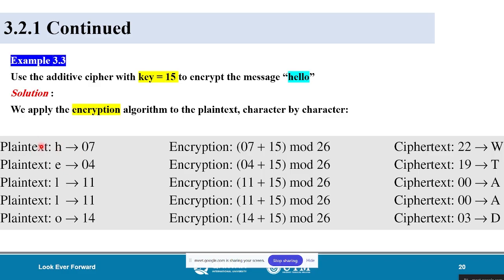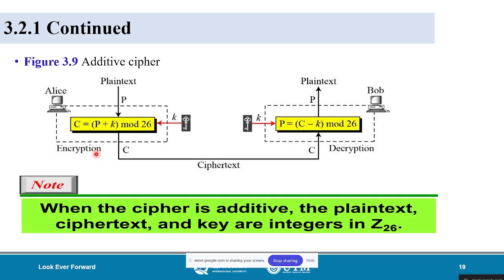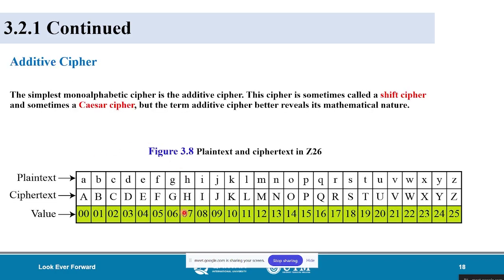First, of the plain text, I will take the position of each letter. Now the H is 7. Now let us check. Where's H? H is in here. H is 7. Where's E? E is in here. 0, 4. And L, 11, 11.